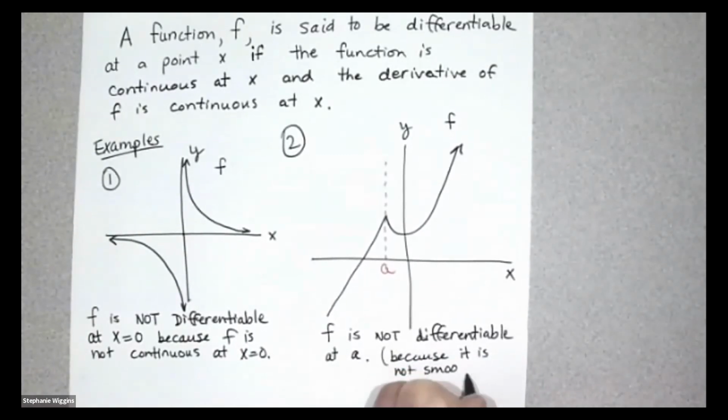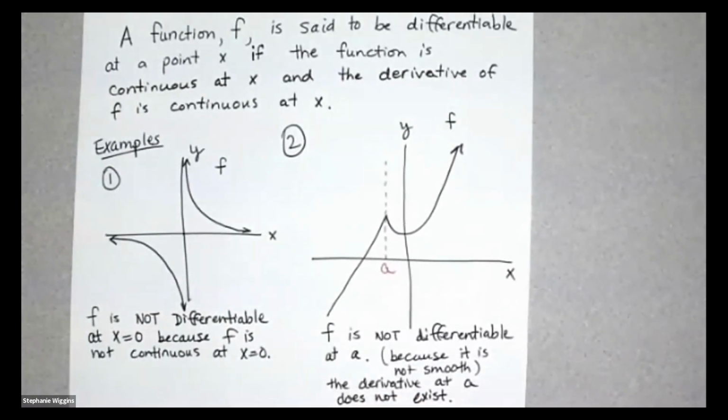So the derivative at A does not exist. Or I should say the derivative at A is not continuous. That's what I meant to say. Sorry about that.